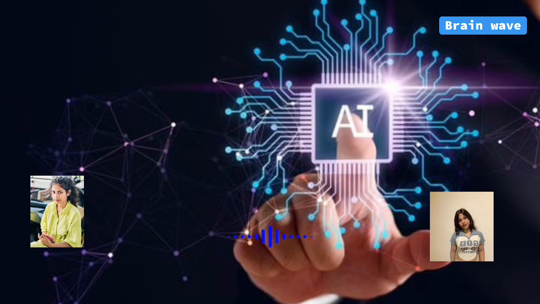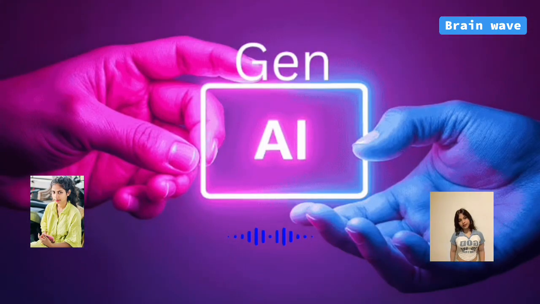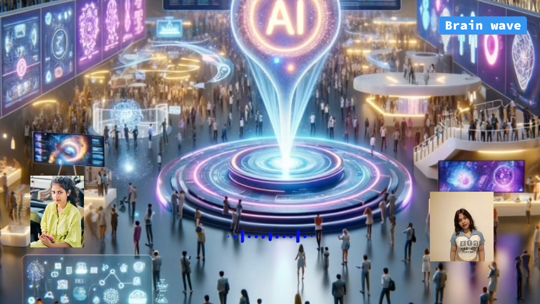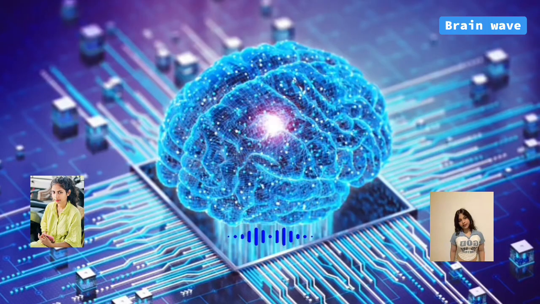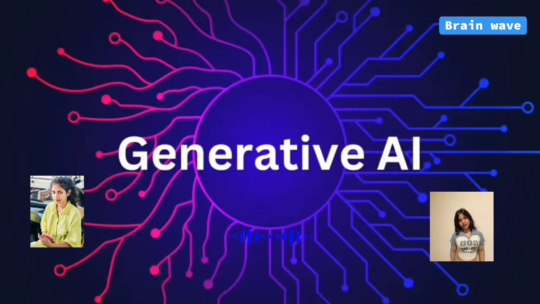Human creativity adds context, culture, and emotions AI can't fully replicate. Okay. And question 5. Will AI take over creative jobs? It may assist, speed up processes, and inspire ideas, but humans will always guide vision and meaning.